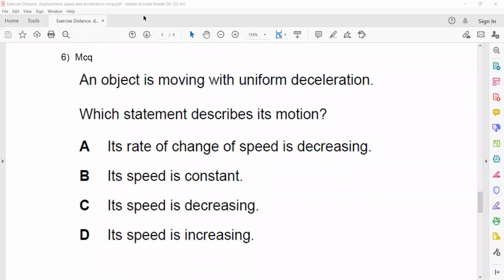In question 6, an object is moving with a uniform, meaning constant, or not changing. And the term deceleration means that speed is decreasing.